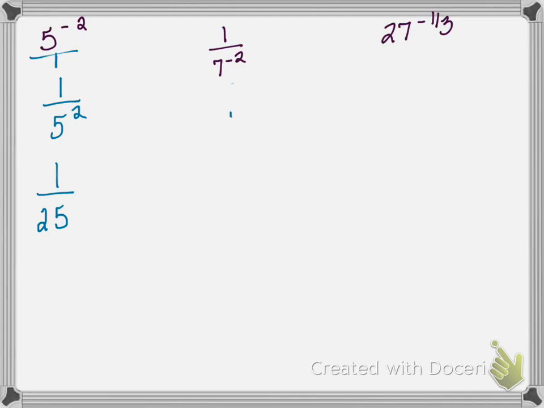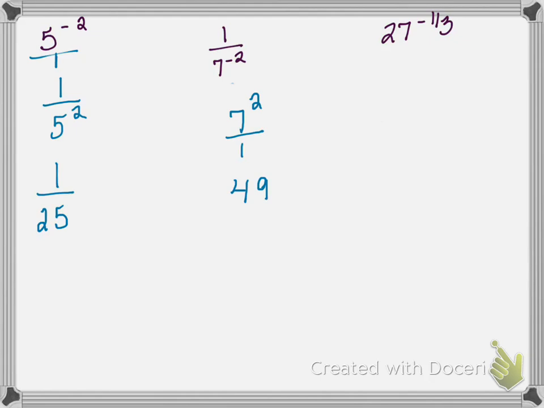So this is going to be 7 squared over 1. I don't have to write it over 1, but I can. What's 7 squared? Good. It's 49.